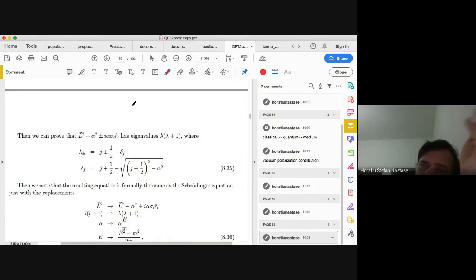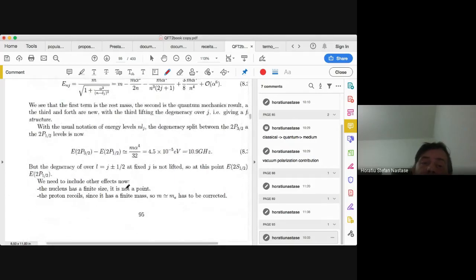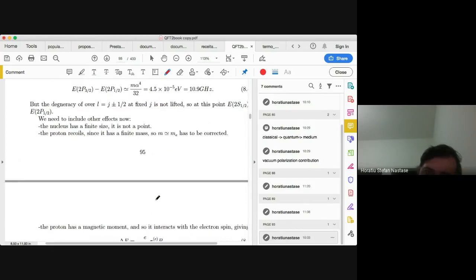But the proton has structure, has size, and that gives a certain semi-classical correction. The other thing is that we have neglected the mass of the nucleus, the proton, in this case. So we have said that m is approximately m_e, but there was also the correction of m_N. We have to correct for that.